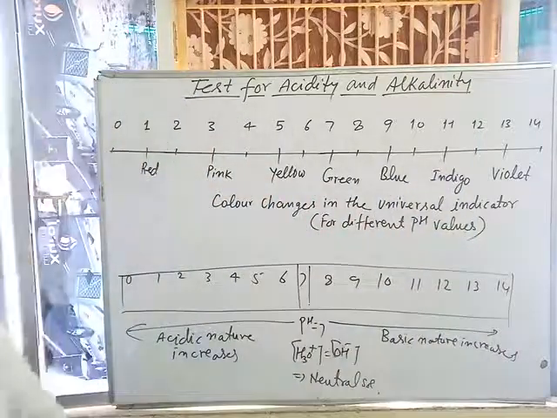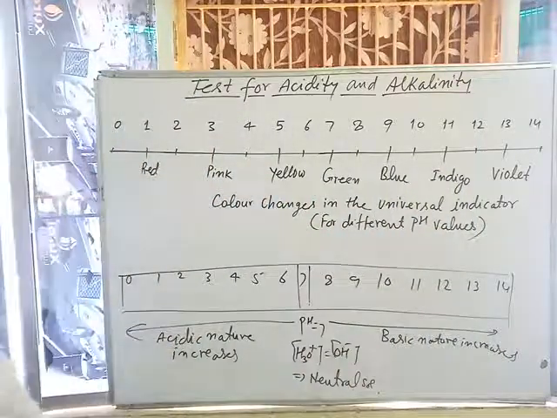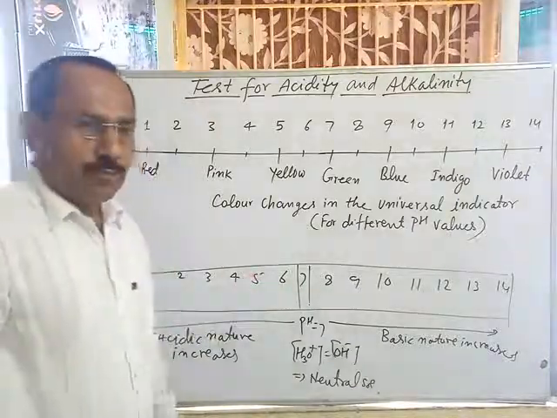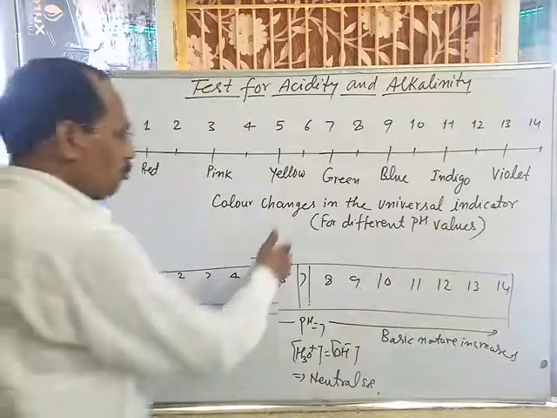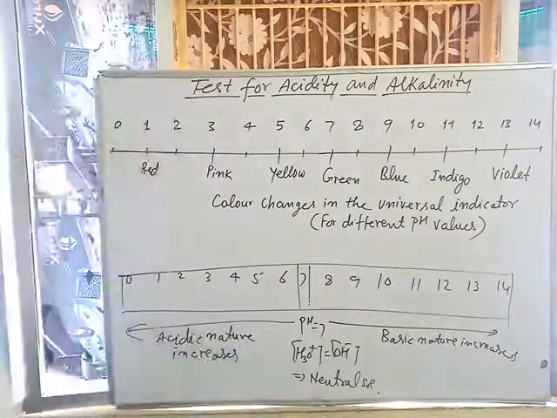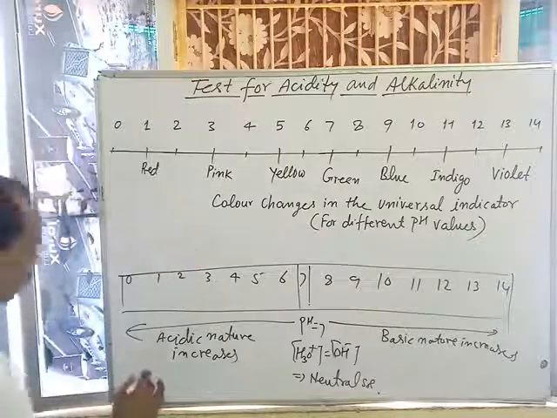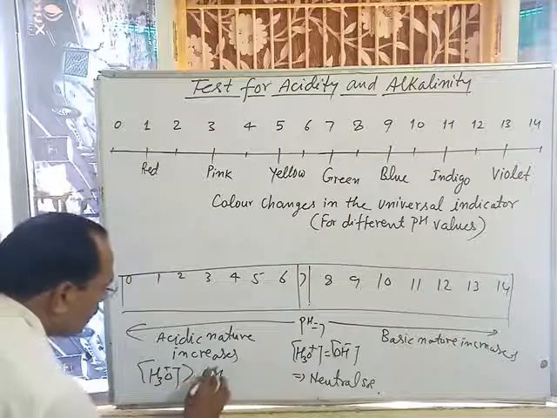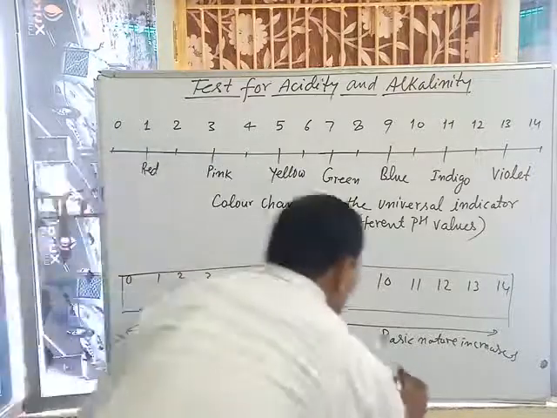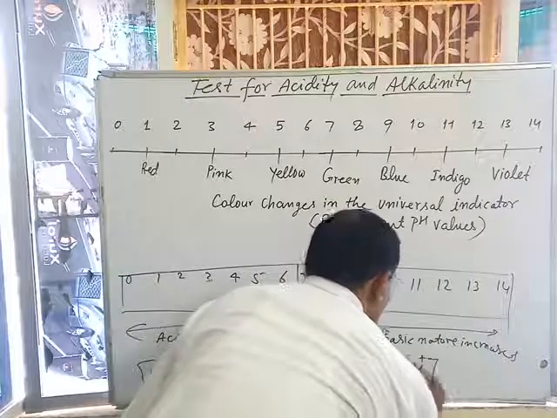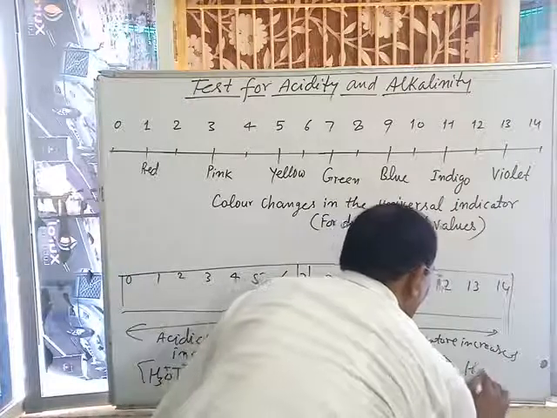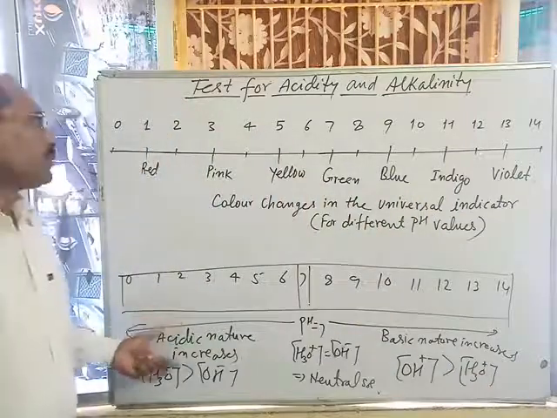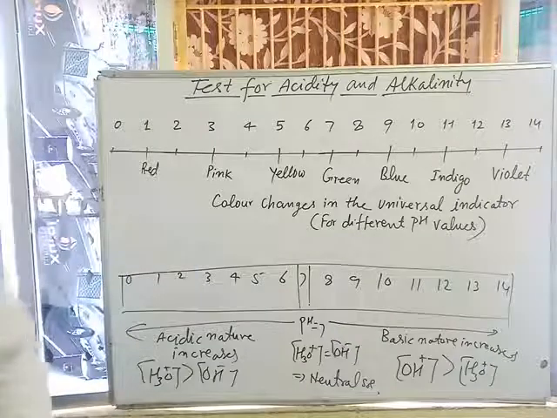In acidic solutions, the hydronium ion concentration is greater than the hydroxide ion concentration, and in basic solutions, the hydroxide ion concentration is greater than the hydronium ion concentration. This is one method used for expressing the acidity or alkalinity of a solution.